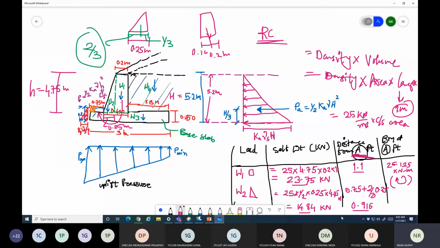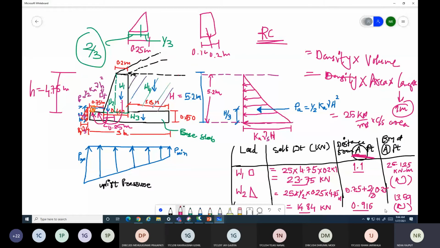So the final will be 14.84 into 0.916. So that is 13.59 kilonewton into meter, and again this load will give the clockwise moment at A point. So this is also clockwise. This will be clockwise. So this is about W2 force.